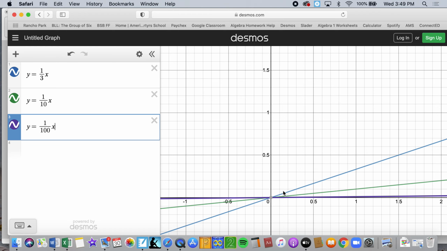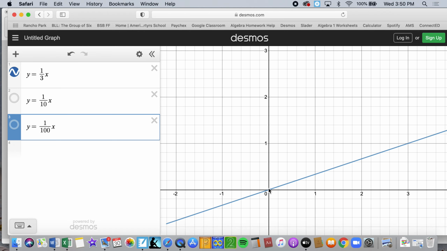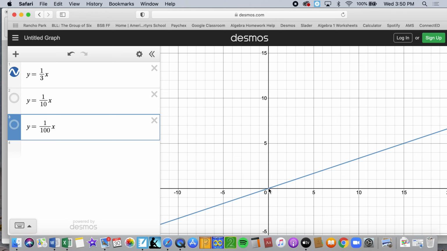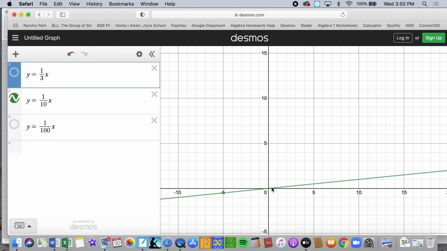So now, if we look at the blue, let's turn those off. Sorry, that's way too small. There we go. We're going up 1, right 3. And then we go up 1, right 3. If I do 1 over 10, that means we're going up 1, but now we're going out 10 places.